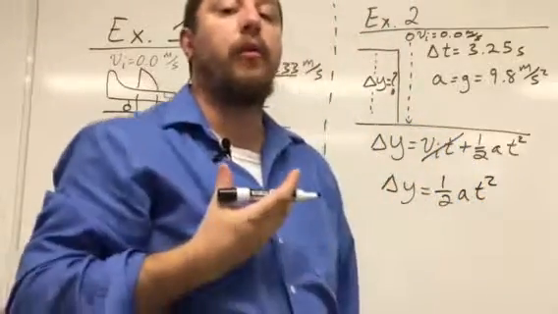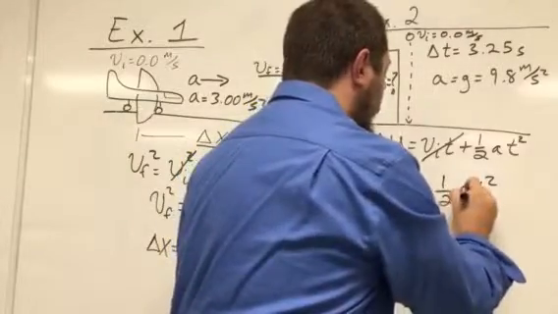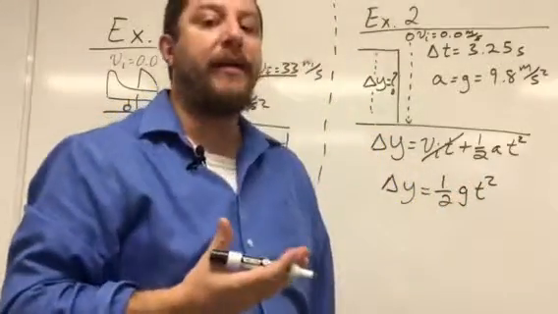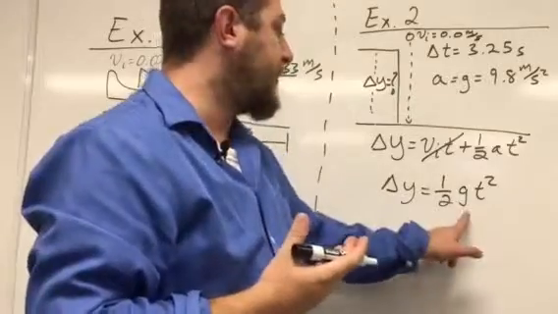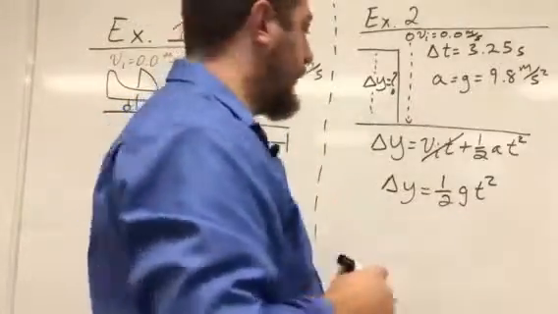Now, when we get to free fall, we will actually put in g here. We will write the symbol lowercase g, and that means the acceleration of gravity. This is the special symbol that we use exclusively for the acceleration due to gravity.